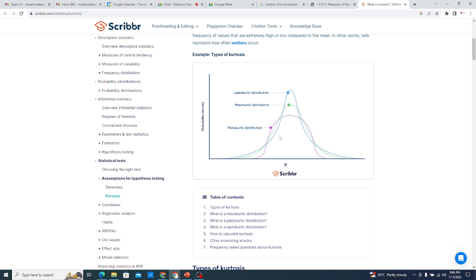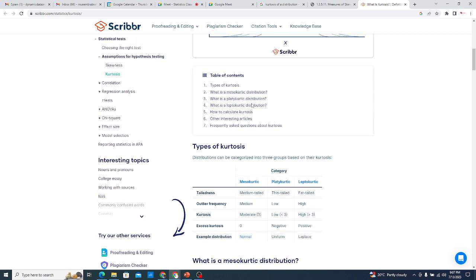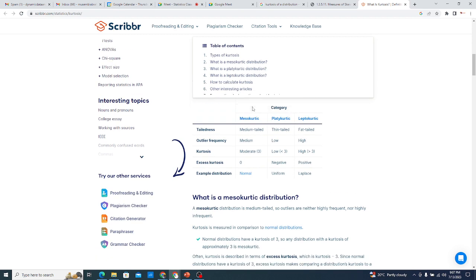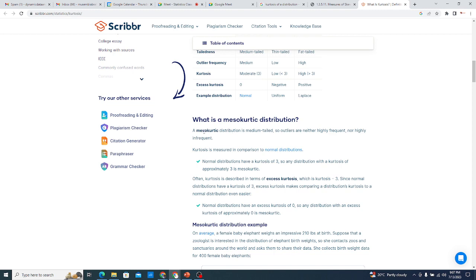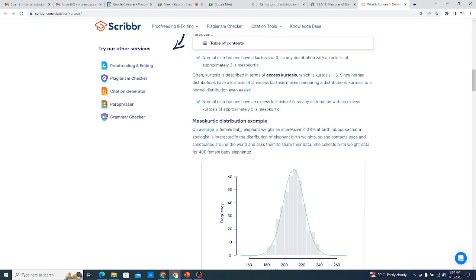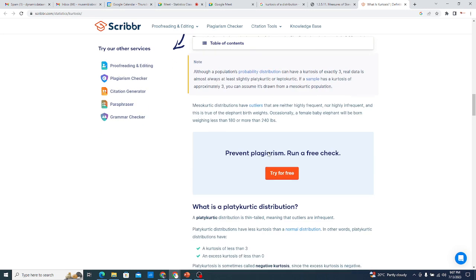Right, so we've now talked about these three types of kurtosis. If you need to read more about it, you can go and search more about kurtosis.